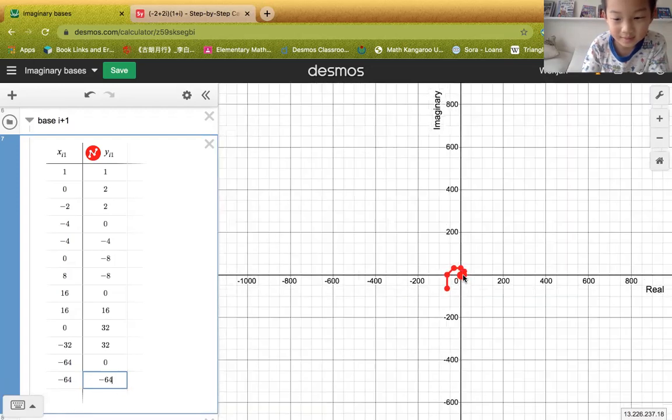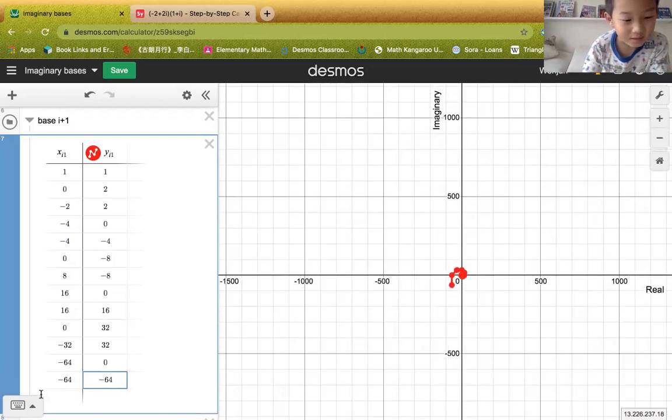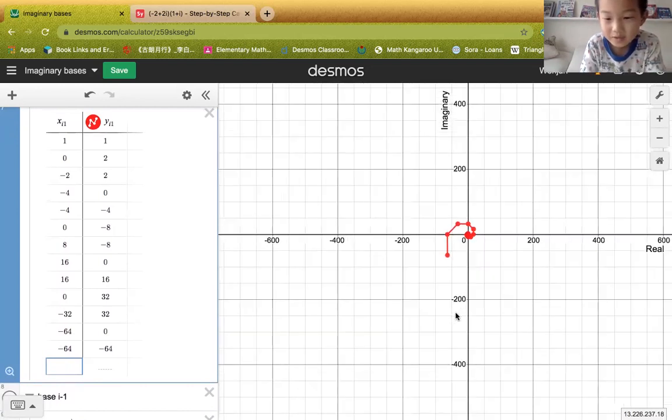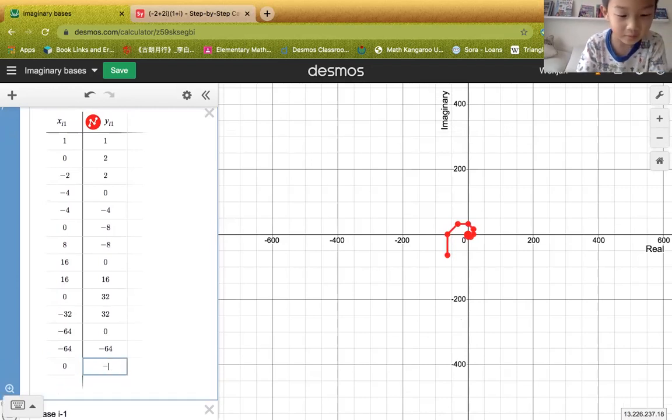To look at the limits, we have to go suddenly to a very big scale because we want to see 256 over here and how much money that is. Yeah, that is a lot. You're going to get rich, believe me, if you are patient enough. 0 again, minus 128.